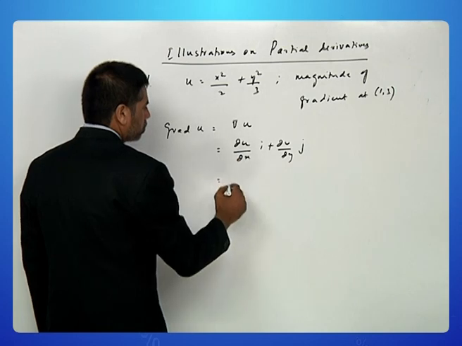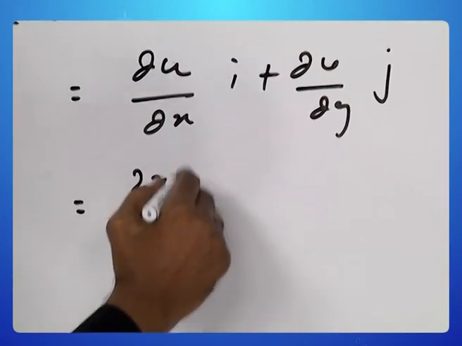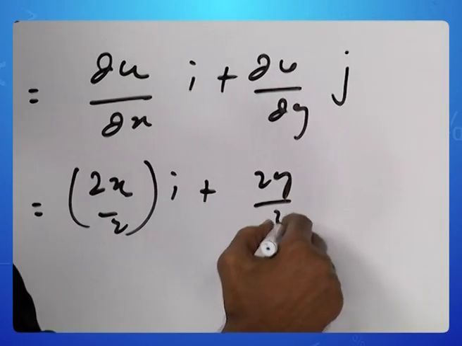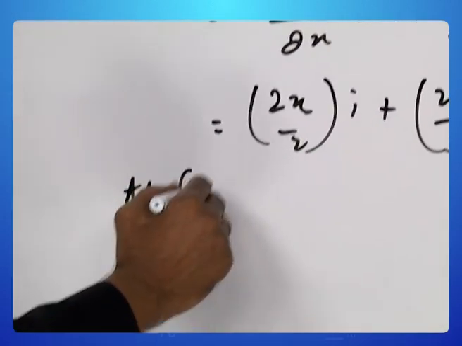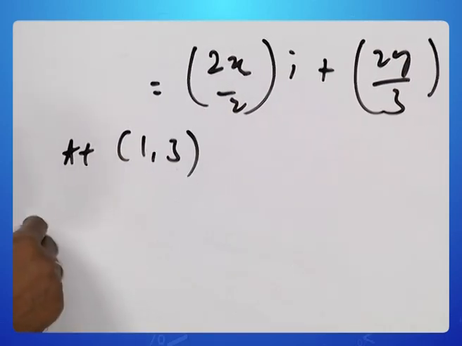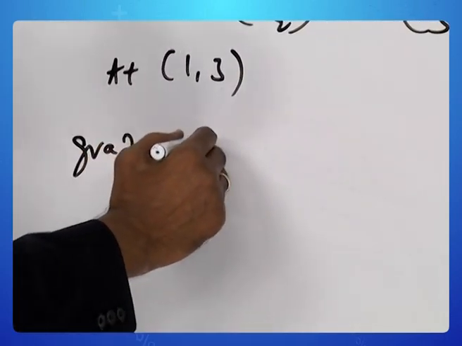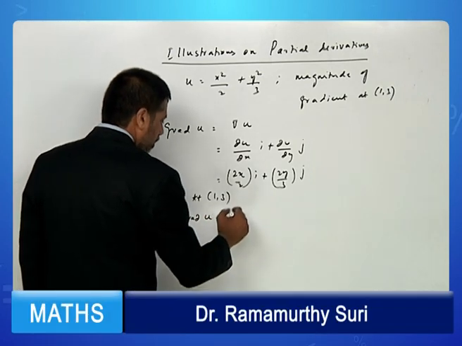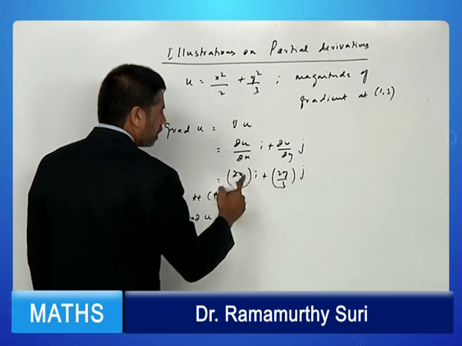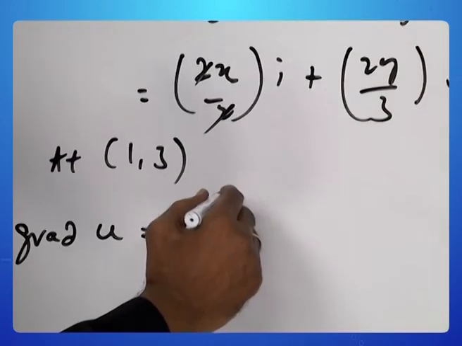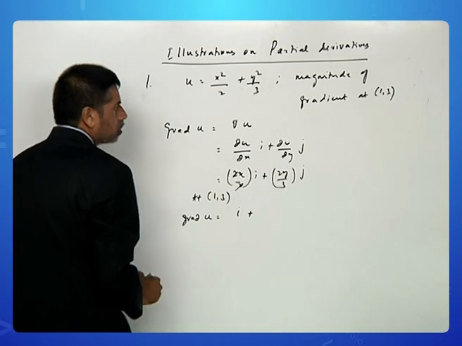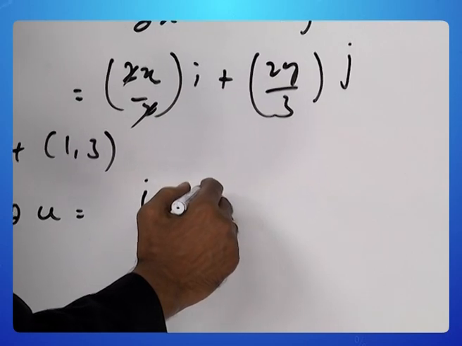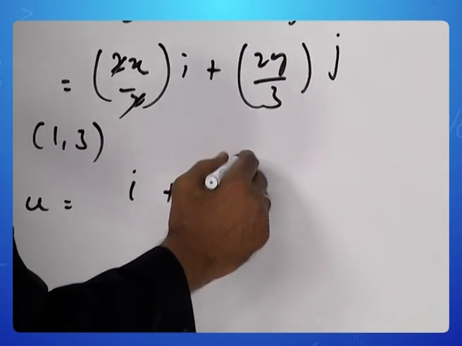So this will be 2x by 2 i plus 2y by 3 j. At the given point (1, 3), grad u, which we can also denote as del u, is: x is 1, so you get i plus 2y, 2y is 6 by 3, that is nothing but 2j.